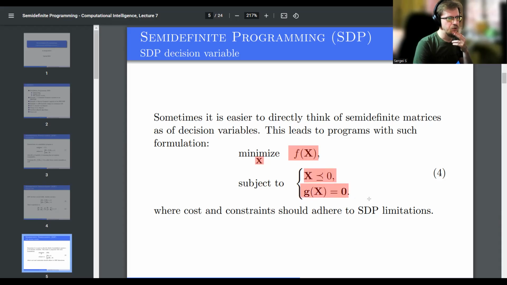And you're allowed to have linear constraints on X. So I think it would be better to say AX less than or equal to B. And this less than or equal to B will be in terms of SDP. That would be better instead of what I've already written here.